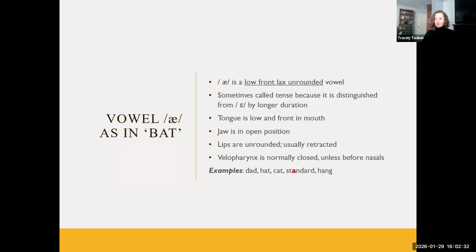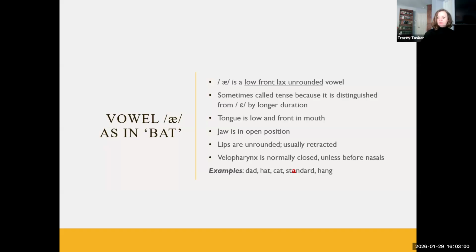The tongue, as I mentioned, is low and in front in your mouth. The jaw is in an open position. The lips are unrounded, usually retracted, though not retracted as much as in the E. The velum is closed unless you have the adjacent nasal impacting it. Let's talk about some of the words: dad, hat, cat.